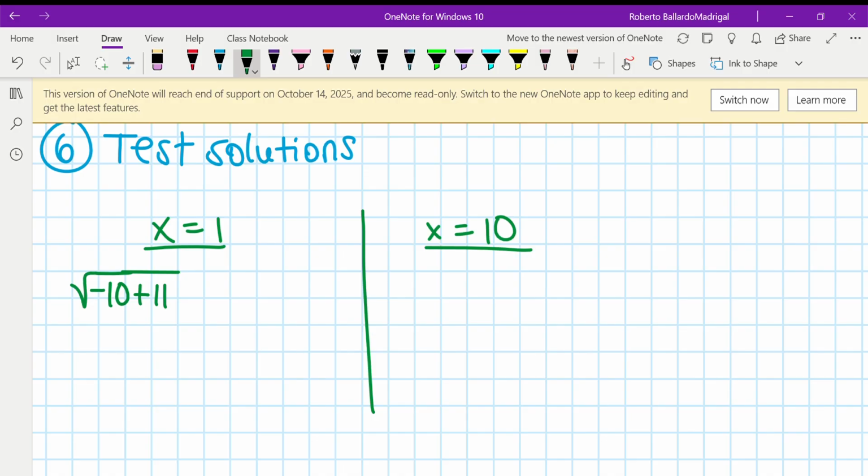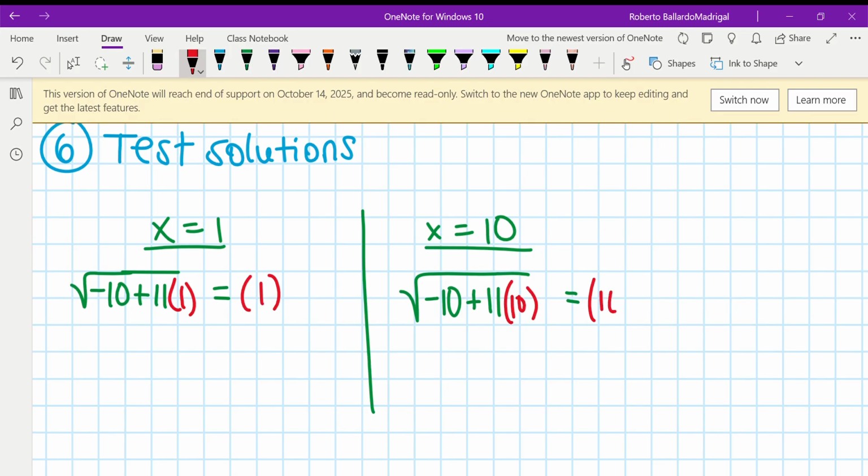And in this case, we'll plug in 1 in place of x. And this is supposed to equal x, or in this case, 1. And then I'm going to do the same thing on this side. Radical of negative 10 plus 11x equals, except on this side we're doing 10.